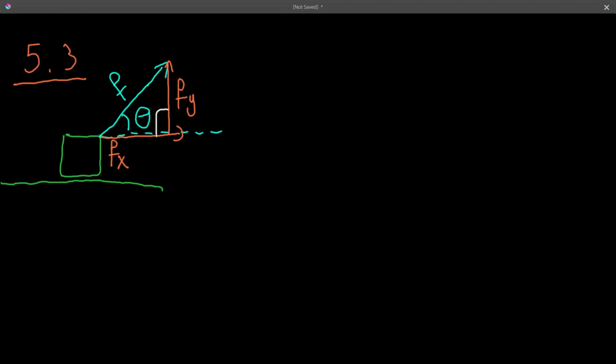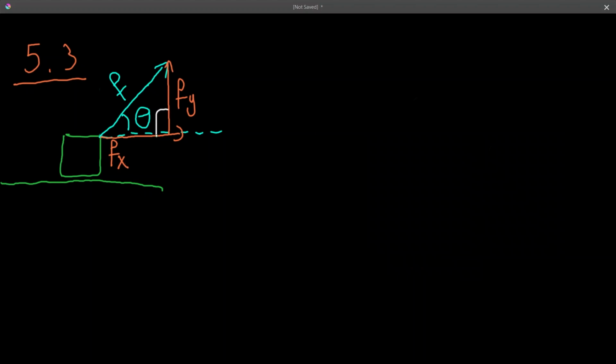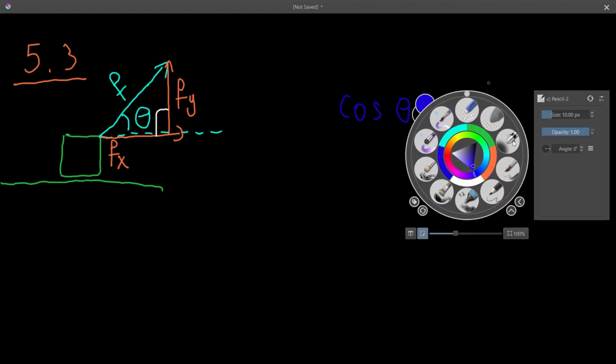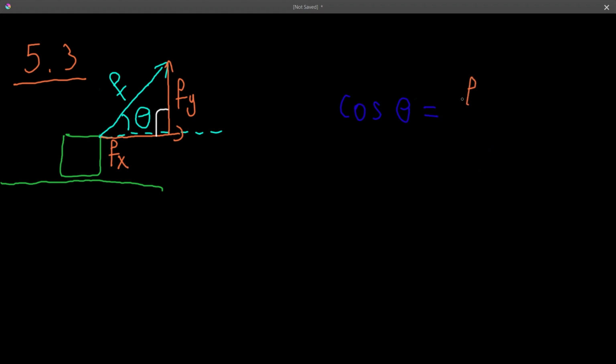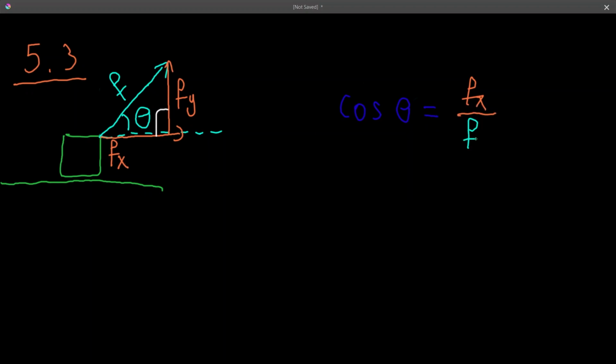So if I wanted to find out what is Fx, Fx here is the adjacent. So I can say cosine of theta is equal to Fx, because Fx is the adjacent, over the hypotenuse, which in this case is the force itself before I cut it into components.